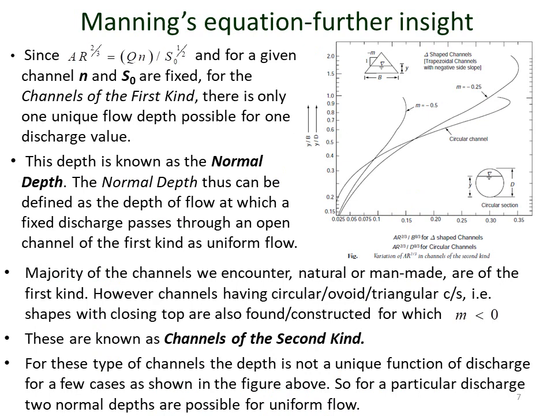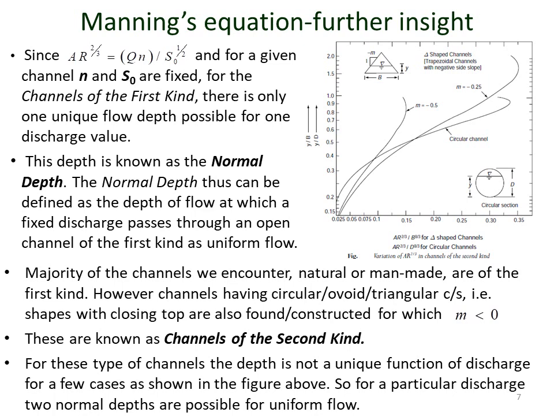Now the section factor, as we have already mentioned, is a representation of the discharge capacity of a channel, and using Manning's equation we can write A R to the power 2/3 equals Qn by S naught to the power half. So for a given channel, the n and S naught are fixed. So for the channels of first kind, there is only one value of flow depth possible for one discharge value.